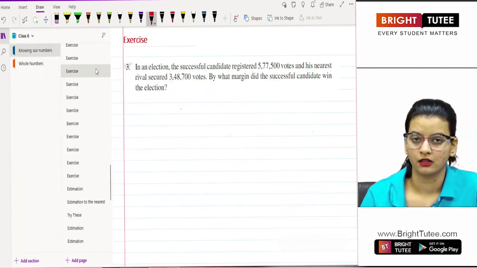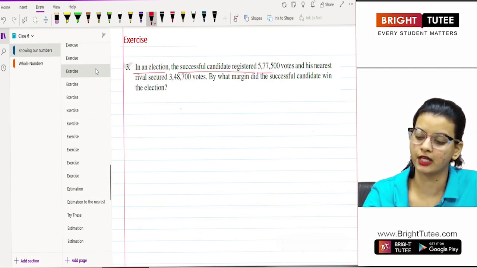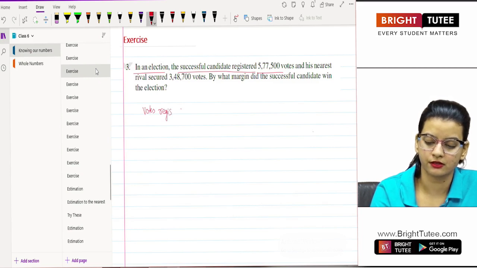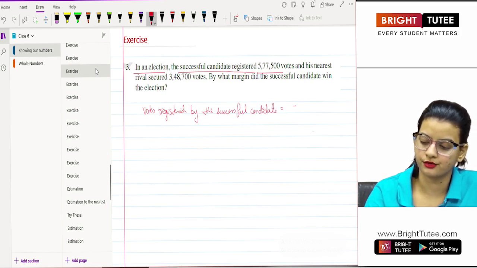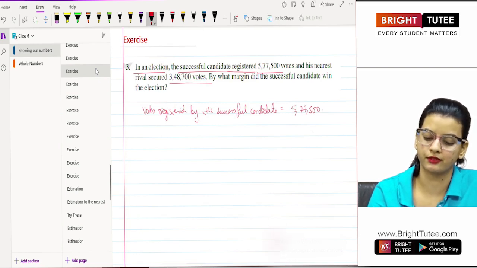Let's continue with the third question. In an election, the successful candidate registered 5,77,500 votes. So votes registered by the successful candidate is equal to 5,77,500, and his nearest rival secured 3,48,700 votes.